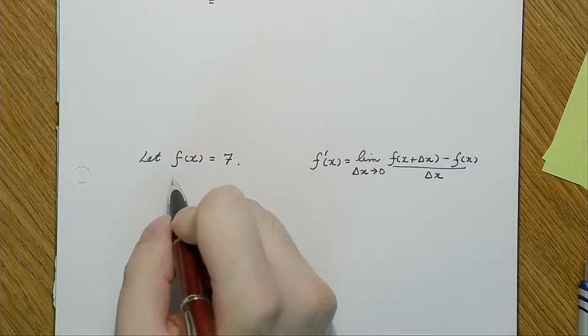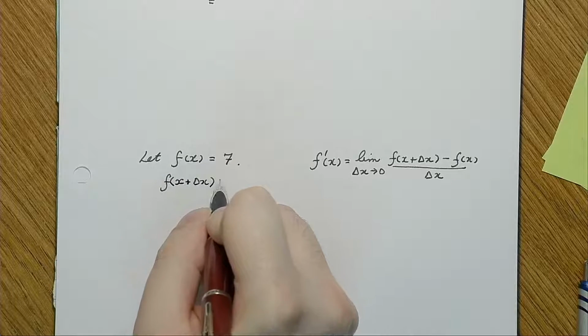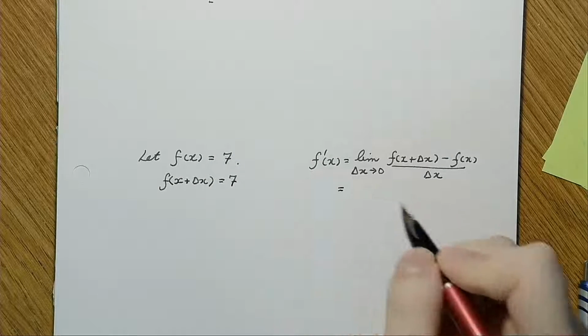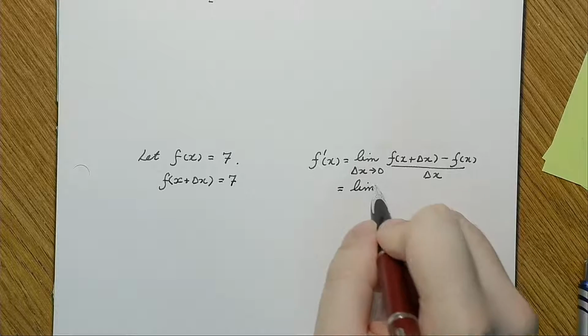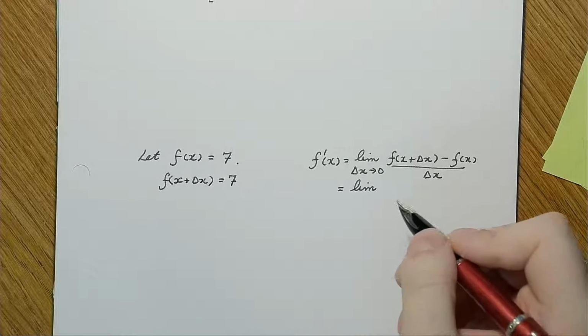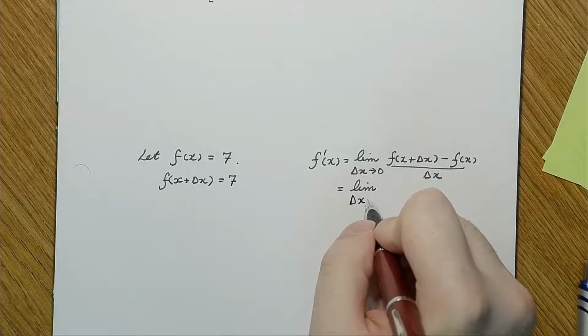Okay. So what does this mean then for x plus delta x? That function, it's still 7. So this is going to look really basic compared to what we've been doing previously with all of our algebraic manipulations. But here we go.